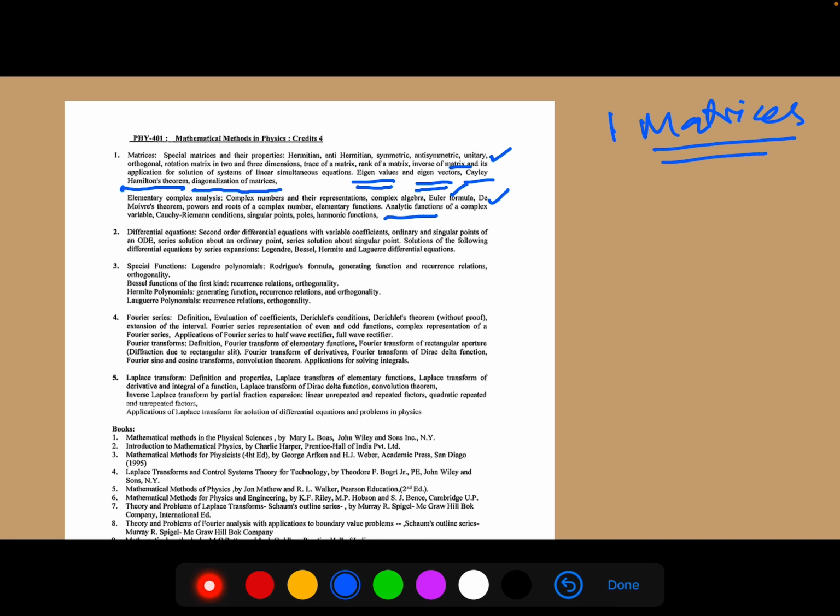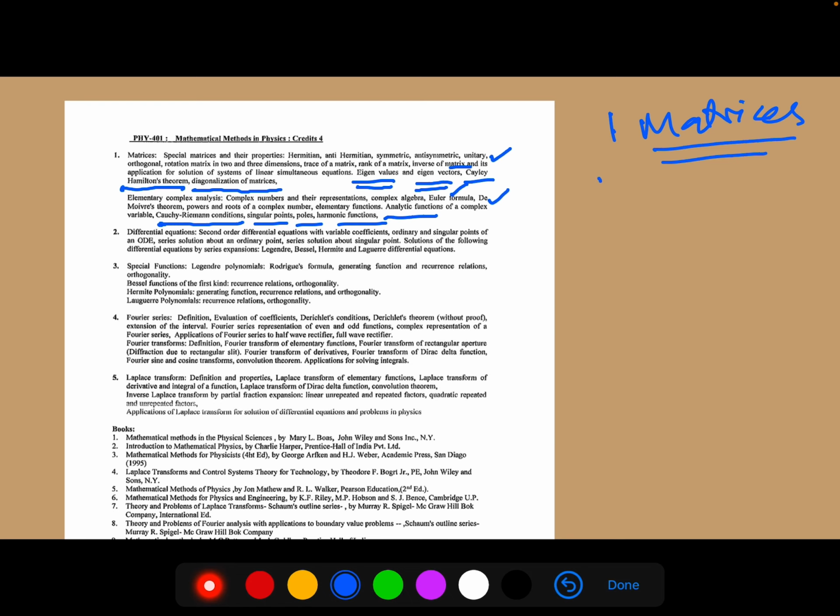Okay, that type of numerical also we are going to discuss. After that, we are going to discuss Cauchy-Riemann condition. There are conditions for finding analytical or non-analytical functions. That condition we are going to discuss. Then singular points, poles, harmonic function. This is our first chapter in which we are going to discuss matrices and complex number.